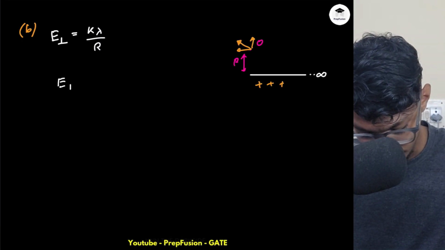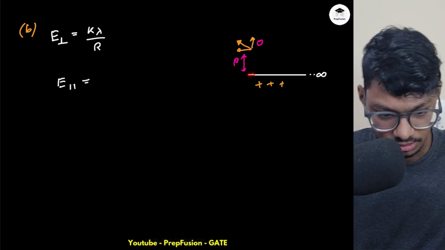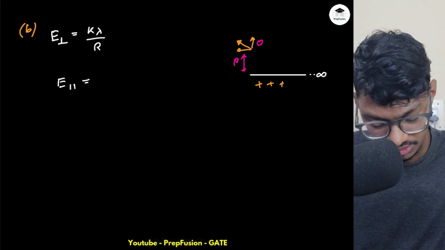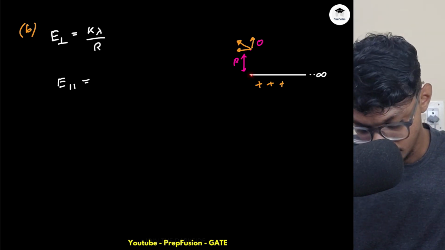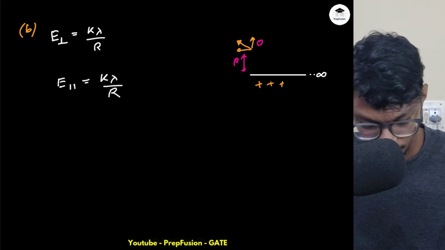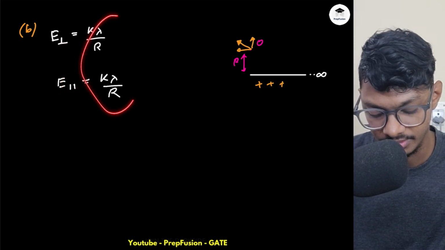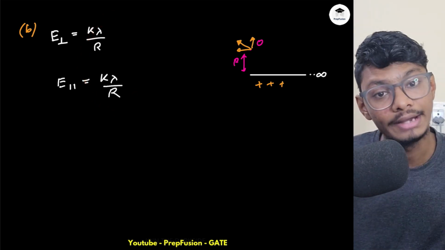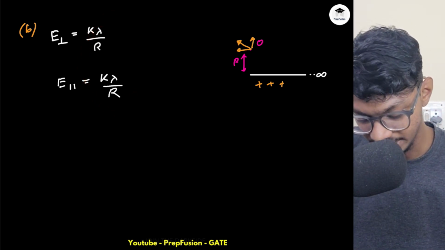k lambda by r. And E parallel, again it will be cos alpha 2 minus cos alpha 1. So one of the alphas is 0, so it will be again k lambda by r. At one end, the vertical and horizontal components are always k lambda by r. Magnitudes are k lambda by r. Directions you provide at the end.